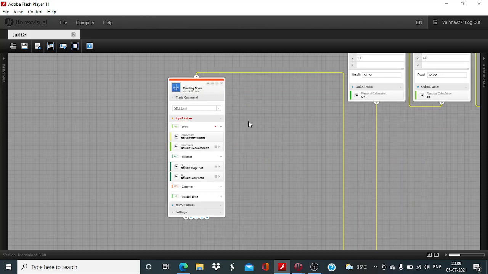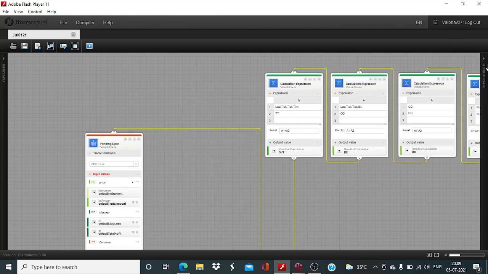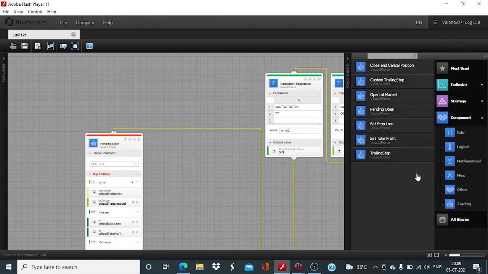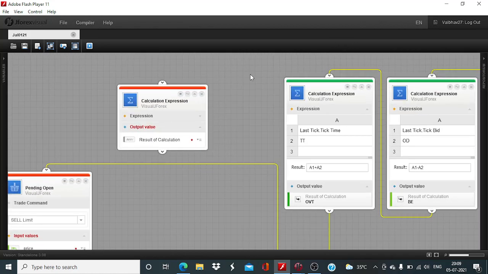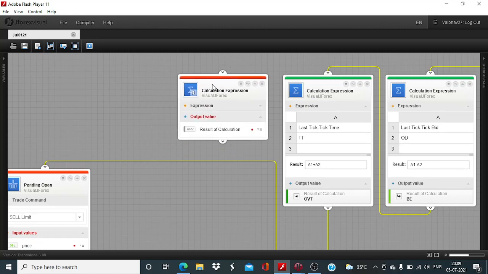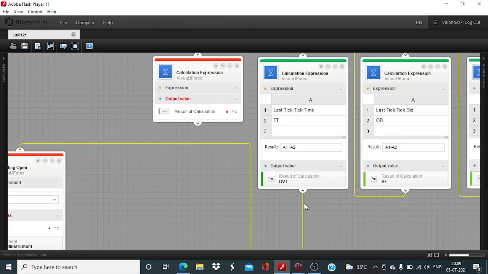Yes, it is. Now one more calculation expression block needs to be added first. So mathematical component, calculation expression. Here it comes. I will have to disconnect it and join it here.